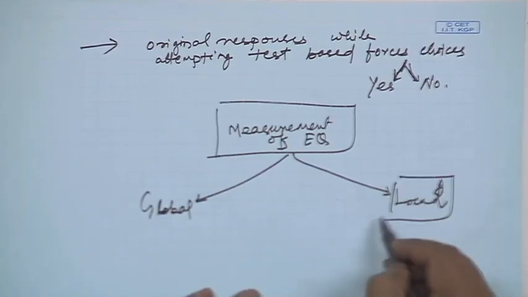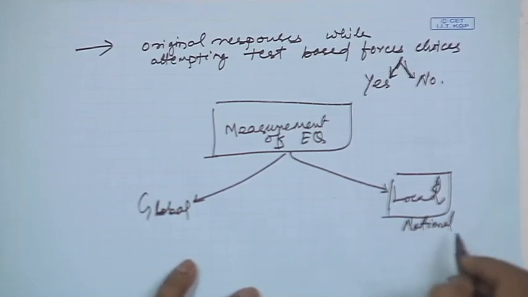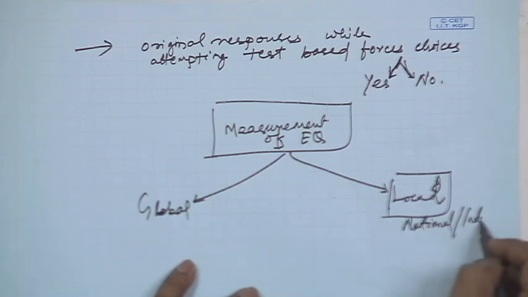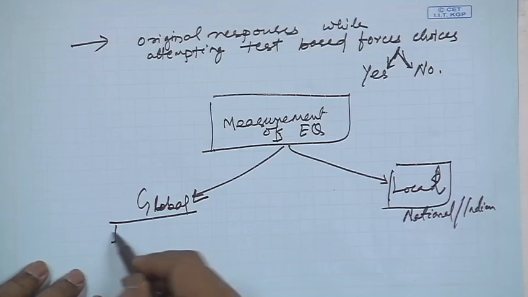So, local means national or Indian, and global means international.